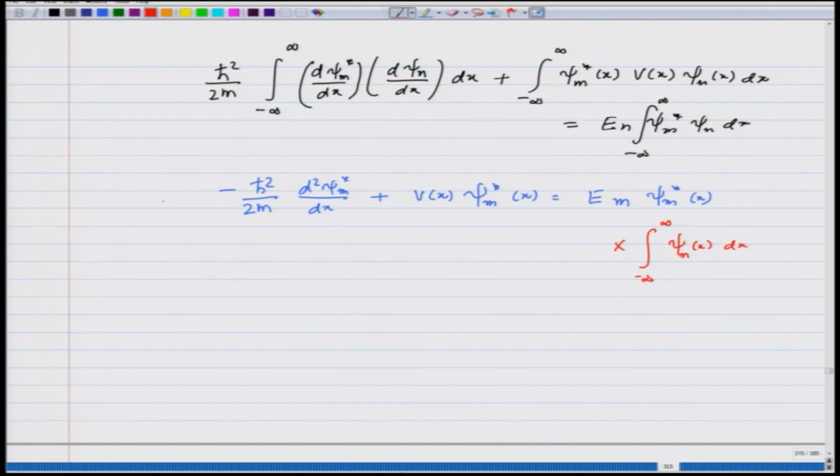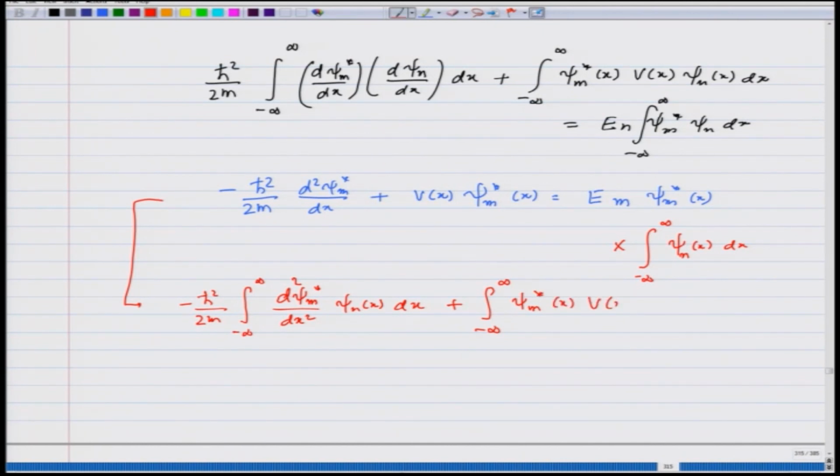So this equation now becomes minus ħ² over 2m integral of d²ψm*/dx² ψn(x) dx plus integral of ψm*(x) V(x) ψn(x) dx equals Em integral of ψm* ψn dx.